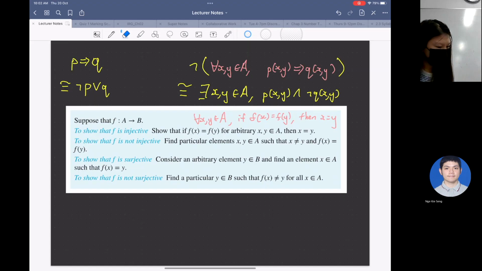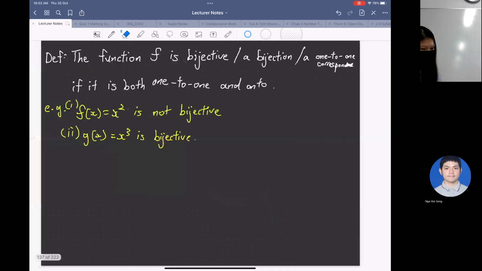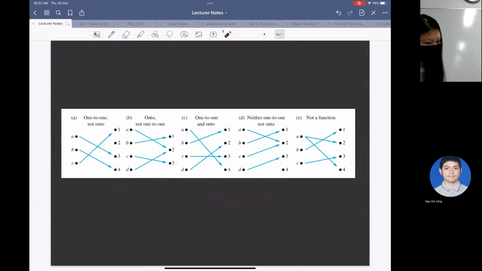So, for example, this one here. We start from here, we don't start from here. Your idea is like I start from here, everything here must have something sent to it. So this is not the idea of injectivity.